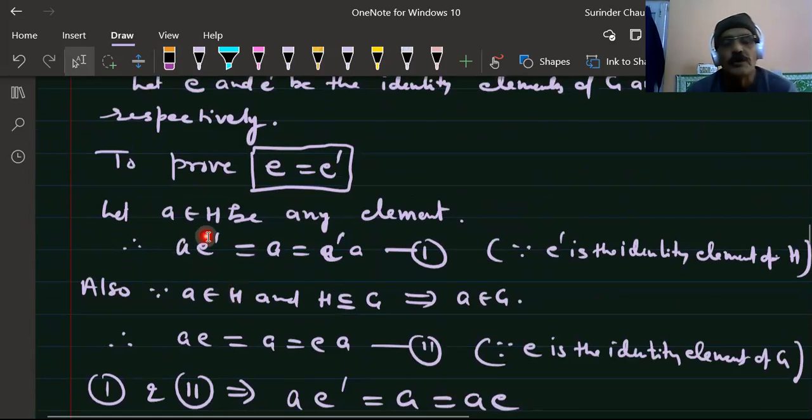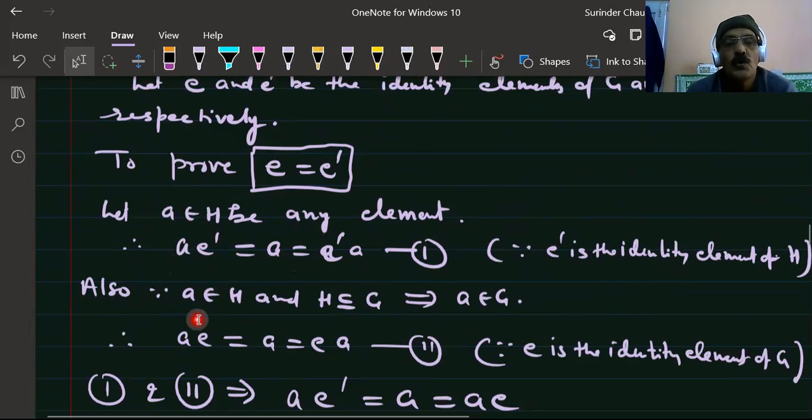Let A belong to H. We take an element from this. Now E dash is the identity element of H, and H is a subgroup. Therefore, A into E dash is equal to A is equal to E dash into A, first.